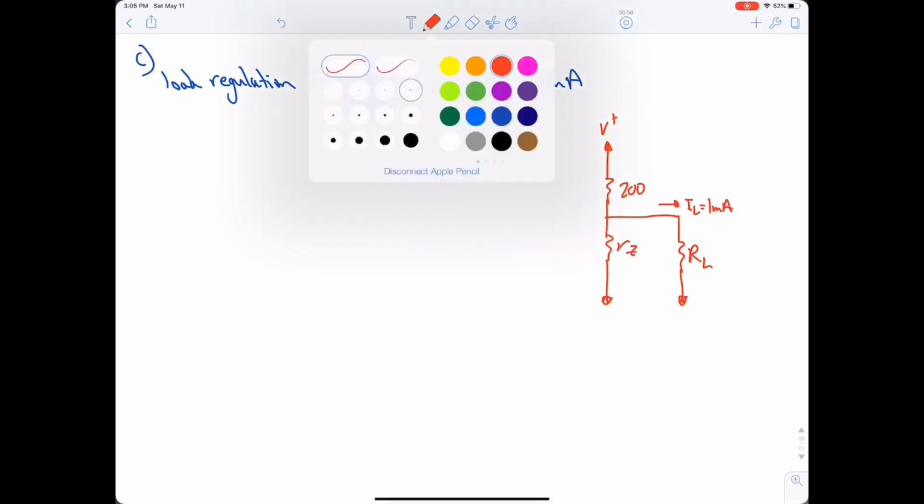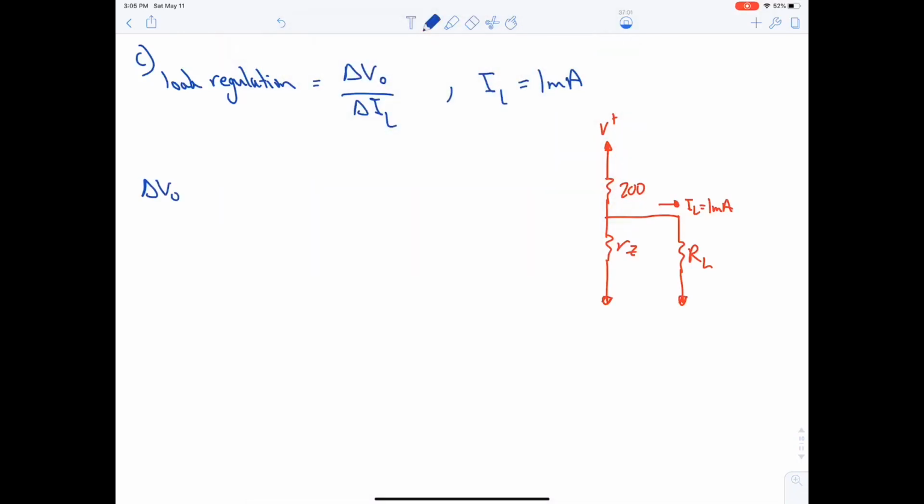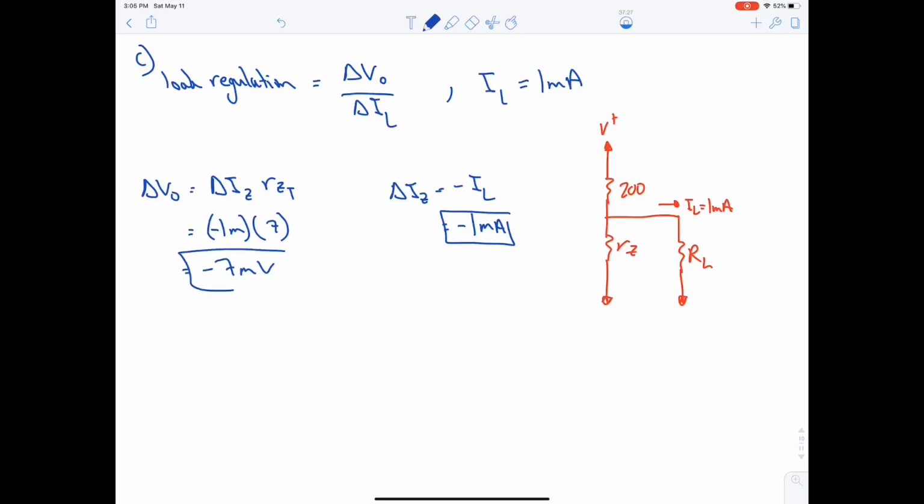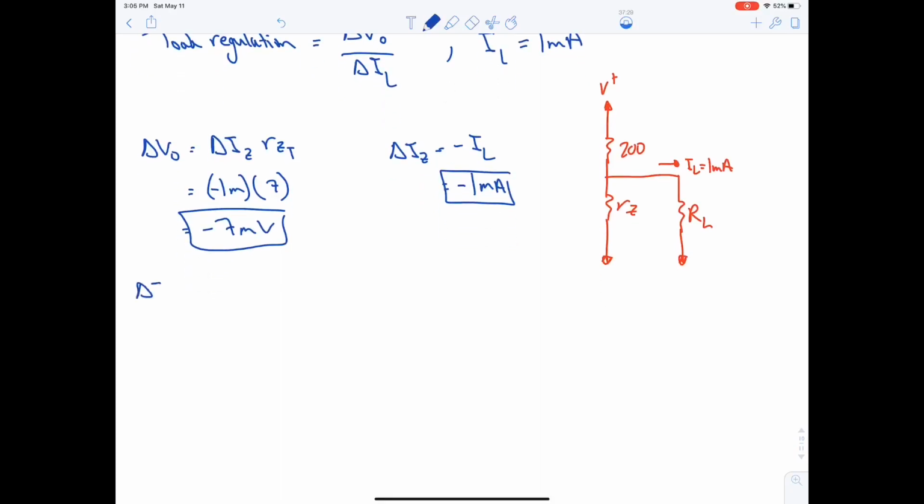So delta V naught is equal to delta Iz times Rz total. We use this equation because now we have a load resistance and there is a change in the current. Delta Iz is equal to minus IL, which is equal to minus 1 milliampere. So here we have minus 1 milli multiplied by 7, so we will end up with minus 7 millivolts. Delta IL is IL new minus IL old.